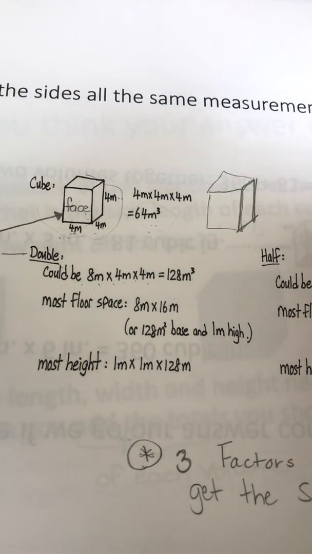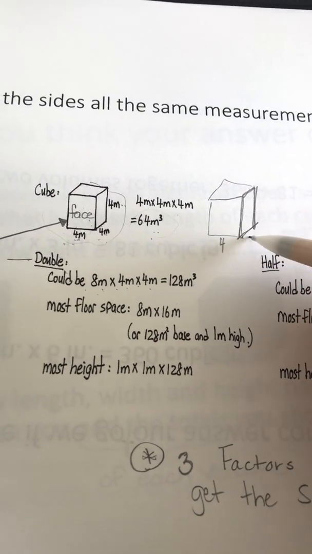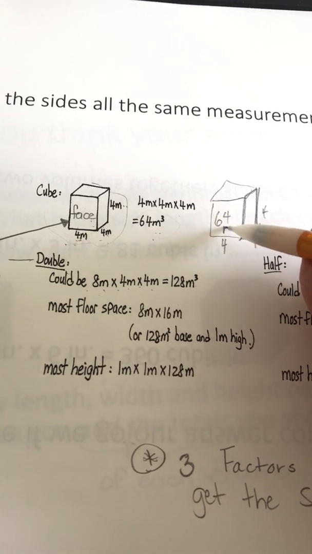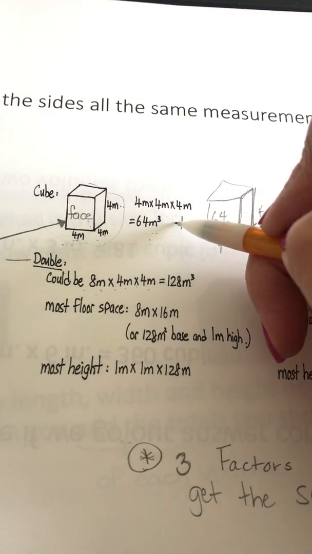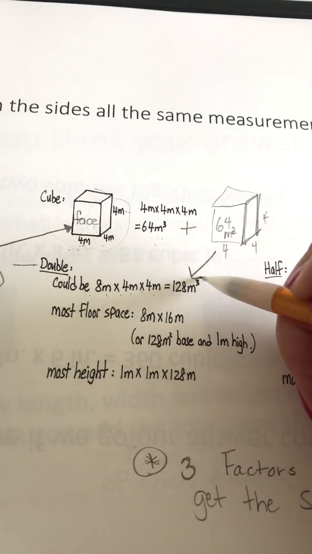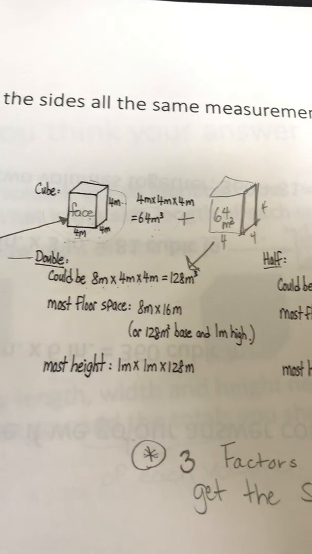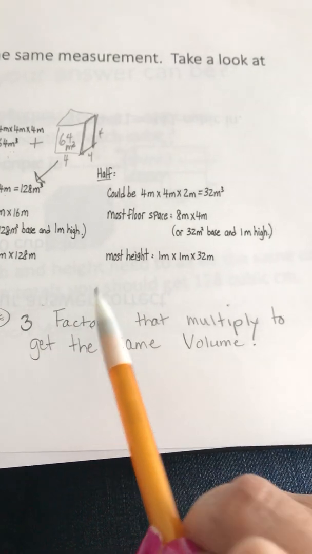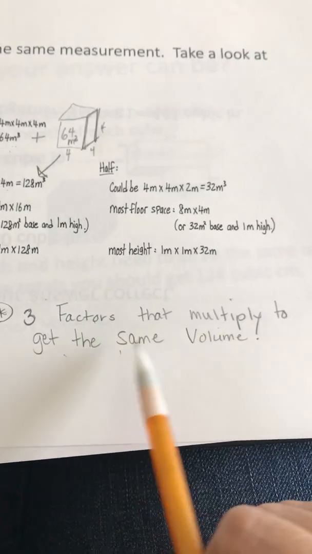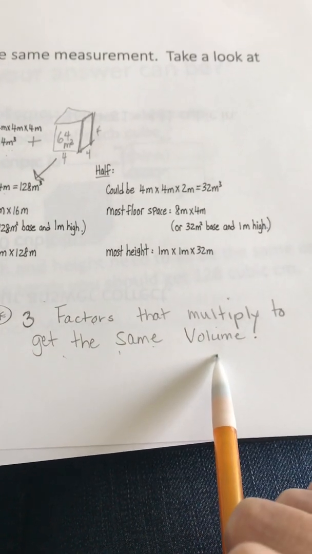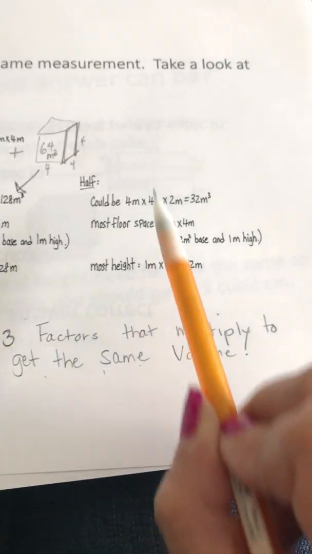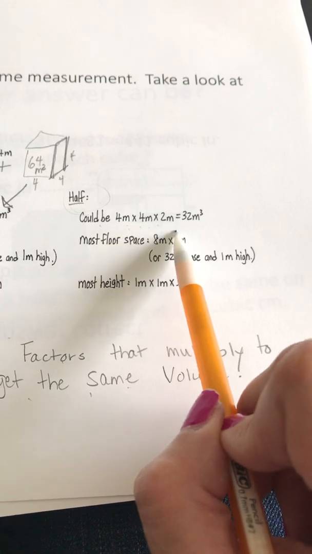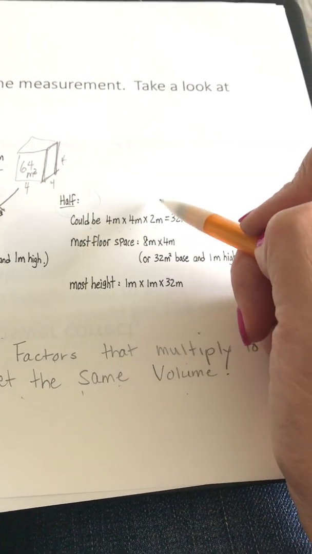If I did the same thing over here, it would be another 64 meters cubed. And if I added them together, I would get 128. Okay. So what they're trying to tell you is 3 factors that multiply to get the same value. Okay, this is showing you half. Could be 4 times 4 times 2. They took the height and they chopped that in half.